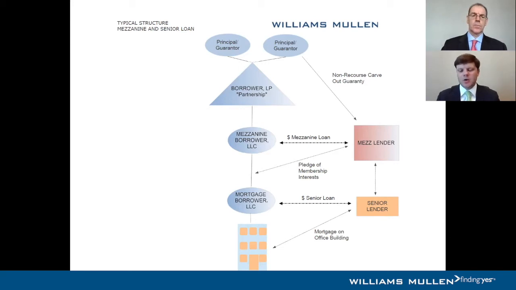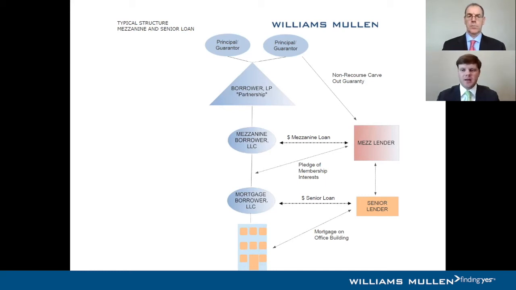Given that correlation, mezzanine lenders are concerned with both their own collateral as well as the underlying real estate, and typically structure their loans in a way that protects both. One way that mezzanine lenders protect their interest is by requiring that both the senior borrower and the mezzanine borrower are single purpose entities, meaning that their sole assets and sole sources of income are the mezzanine collateral and the real estate.